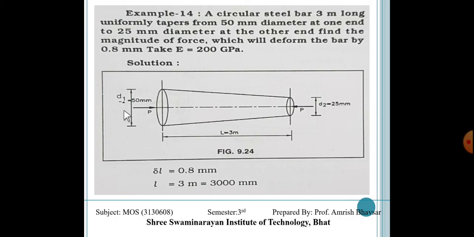Whenever we have this kind of tapering section, what happens? We have the equation for a tapering circular section. What is the equation? Delta L is equal to, do you remember that?